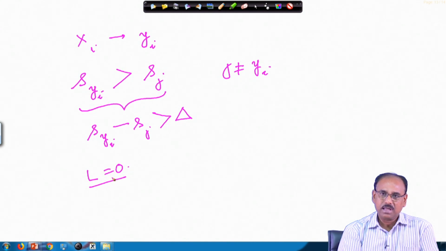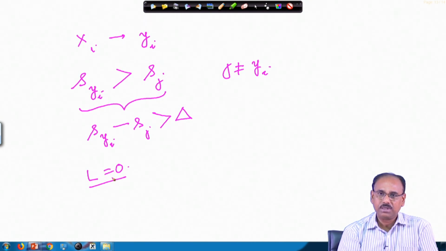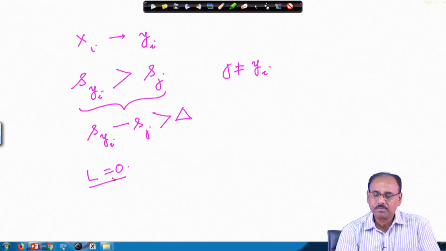In other cases the loss function will not be 0, but a finite value, and that loss value I want to minimize to get the correct classification.